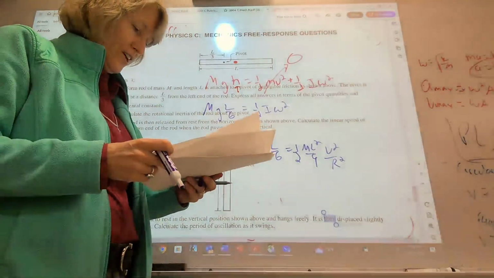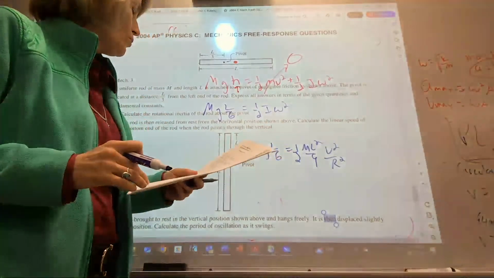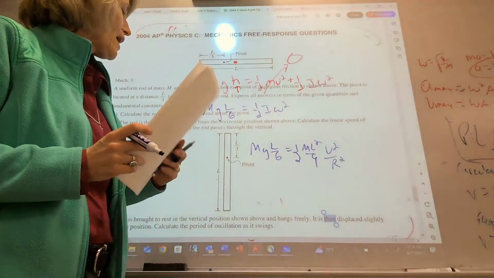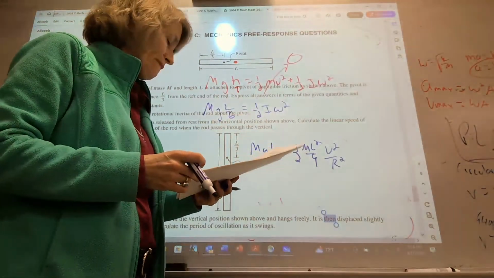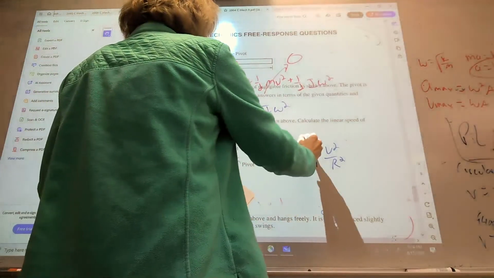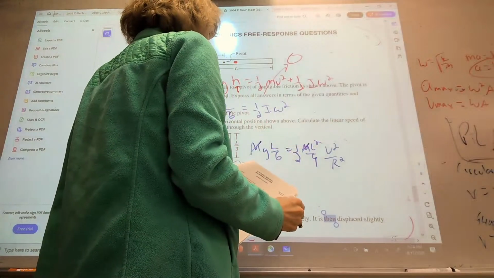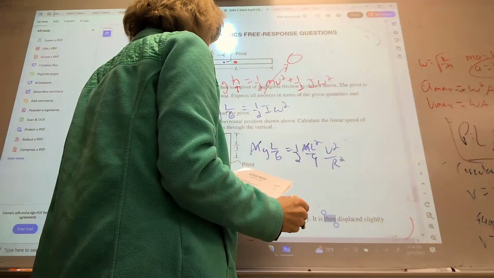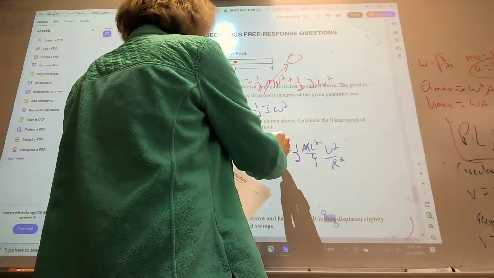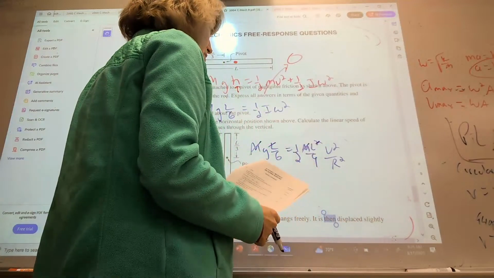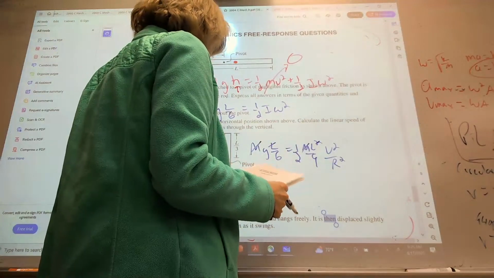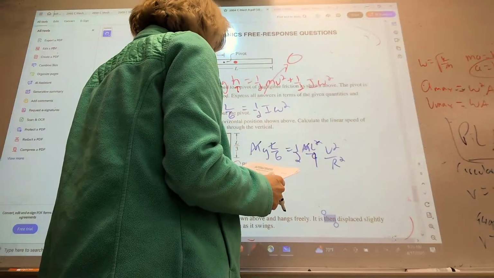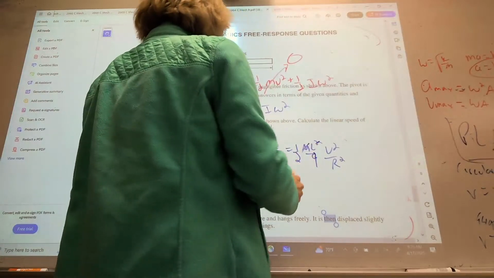So you have to figure out what R is in terms of L. What is the radius of this rotation? And that part is a bit harder. I can cancel out my M. I'm looking for V, so I can get rid of one L. I'm just going to move this up.